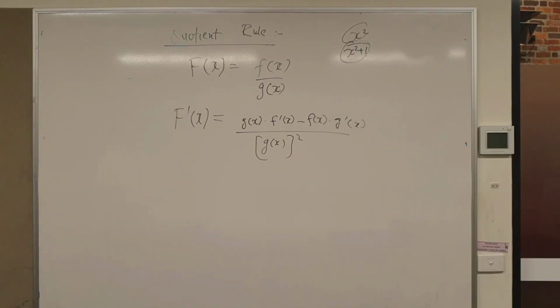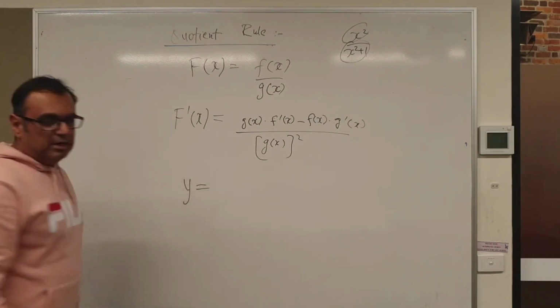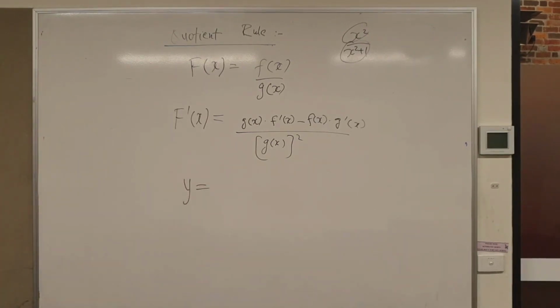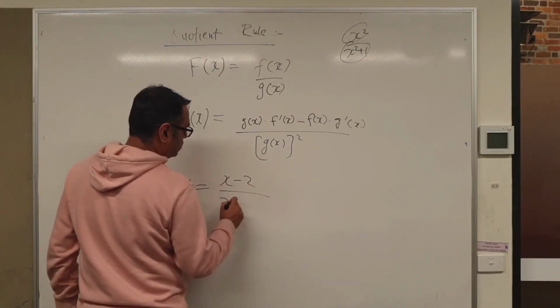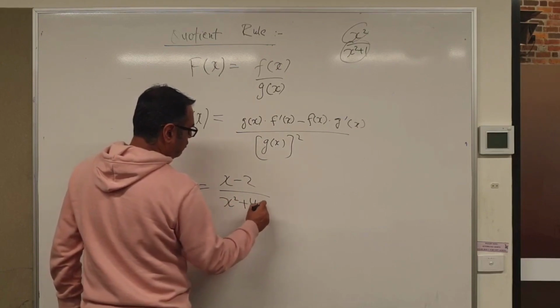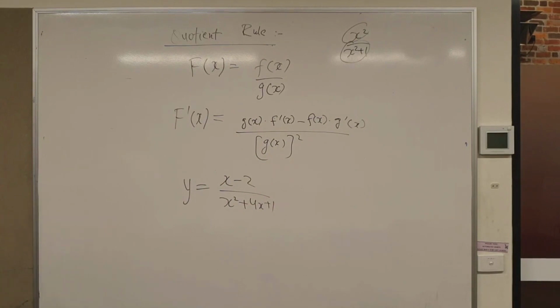Okay? So if I were to say, alright, let's say your function y is x minus 2 over x square plus 4x plus 1. Can you quickly find the derivative with respect to x?